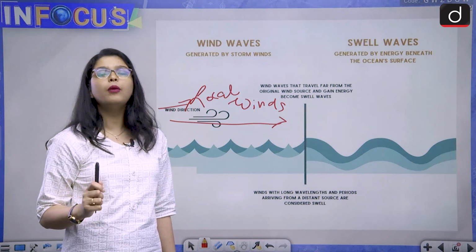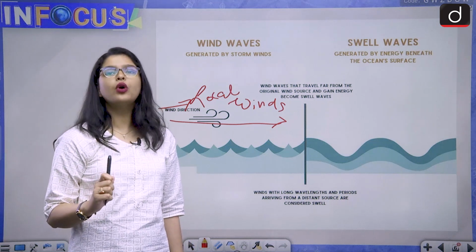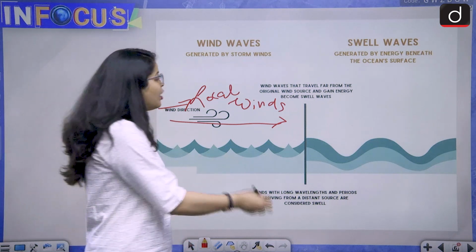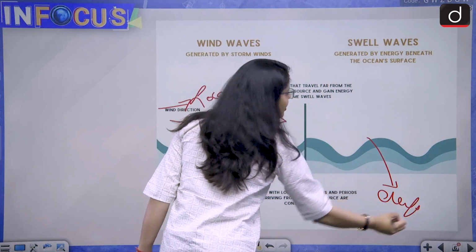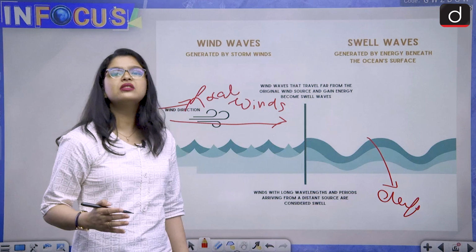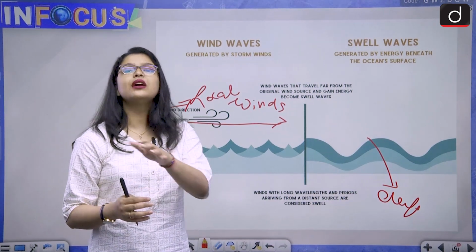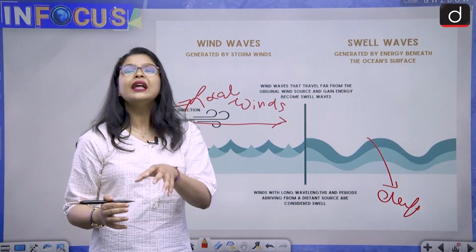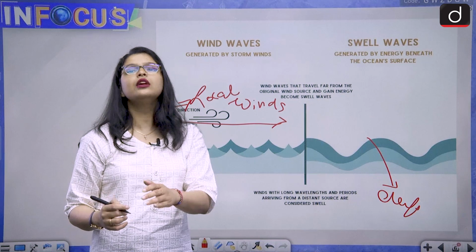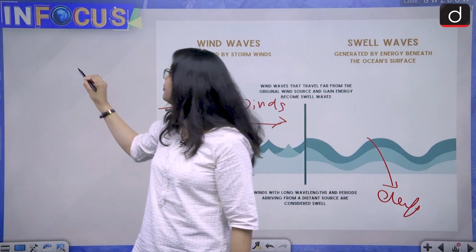But swell waves are not influenced by the local winds; rather, they originate deep within the ocean, and they travel from the deep areas to the shallow areas. They are generally caused by the energy present in the ocean surface, and that is why these are very high waves.